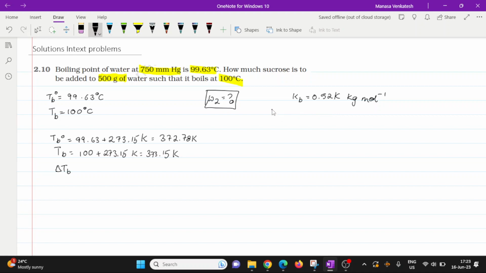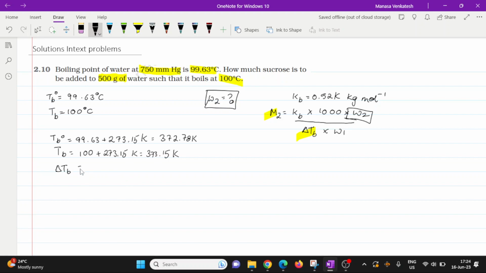So M2 will be equal to Kb into 1000 into W2 divided by delta TB into W1. We have to calculate the value of delta TB and M2, and then we can use this equation to find out the value of W2. That is what we're going to be doing right now.